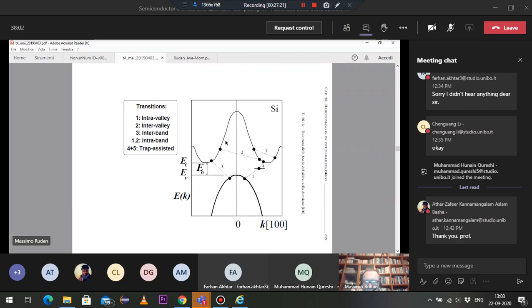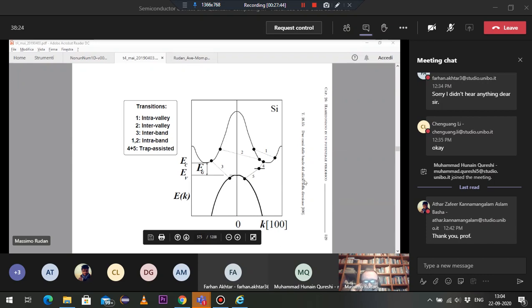We shall come back to this very soon, but now I want to give you a better description of the shape of the bands of the most important semiconductors. So I'm going to take a picture.